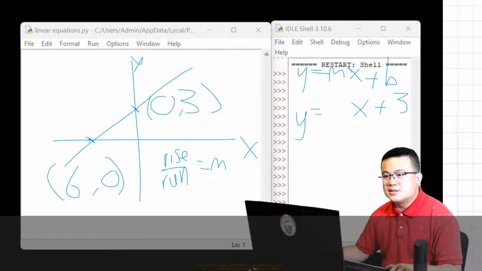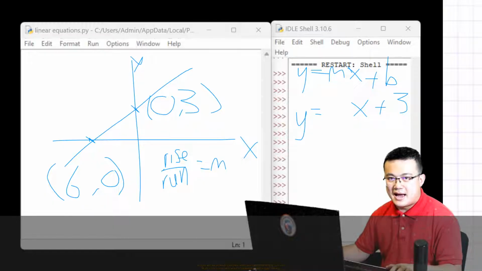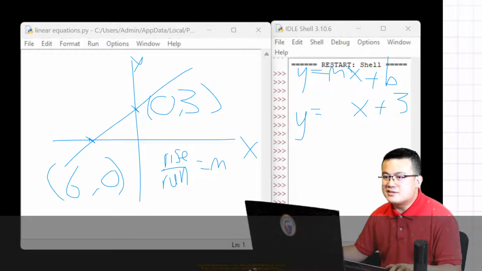So in this portion of the graph, the line has risen 3 units over the space of 6 units. So rise over run is 3/6, which is a half. Okay, equals m. All right. So it is a half x plus 3.